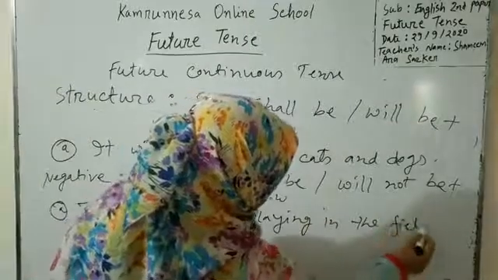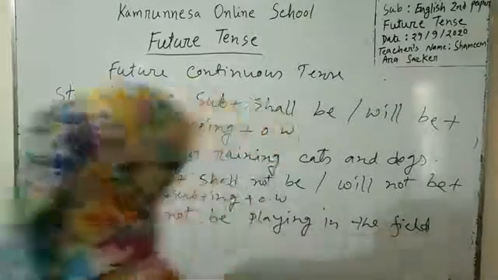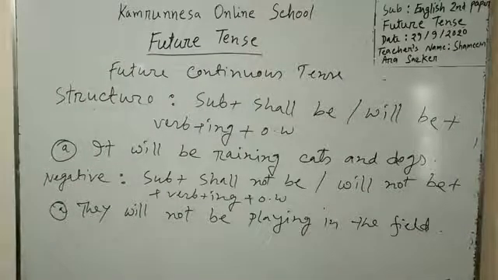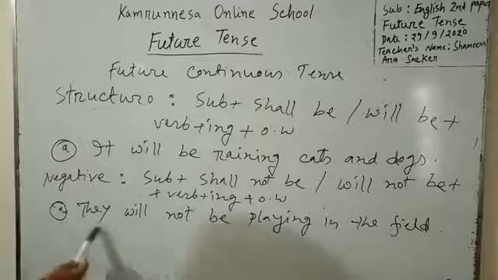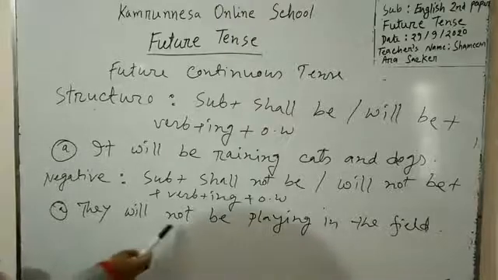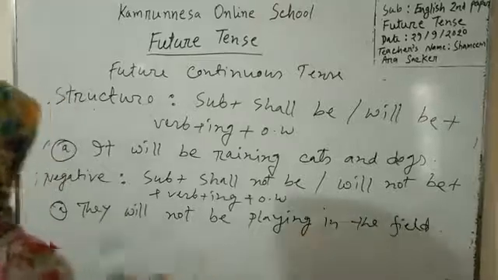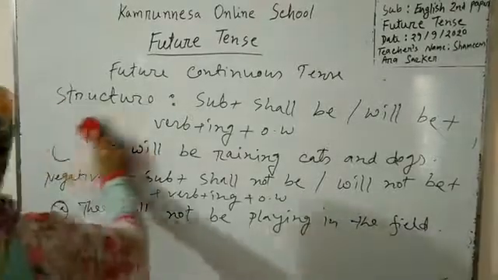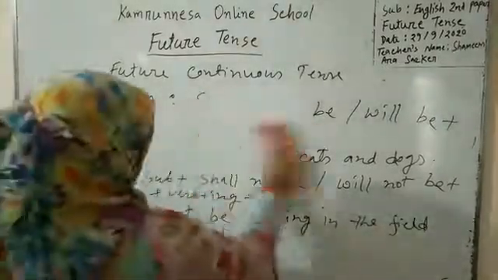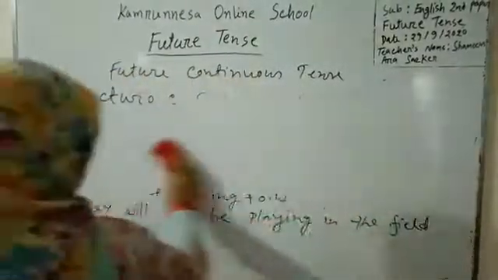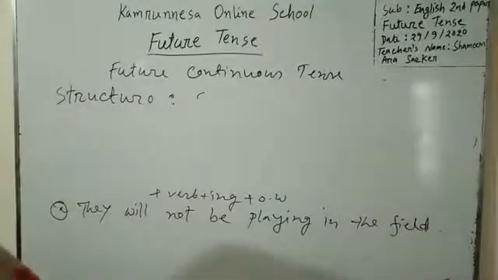They will not be playing in the field. Okay? Here look, subject will not be verb plus ing and extension. Now come to the structure of interrogative sentence in future continuous tense.